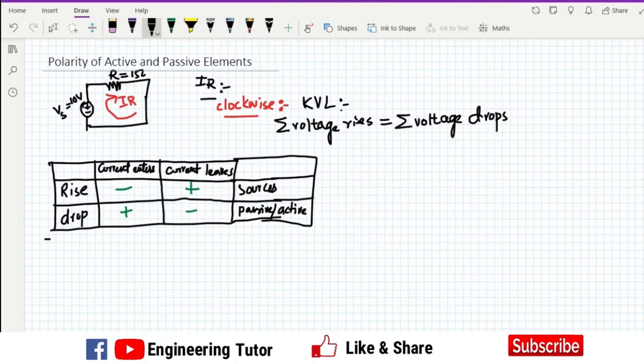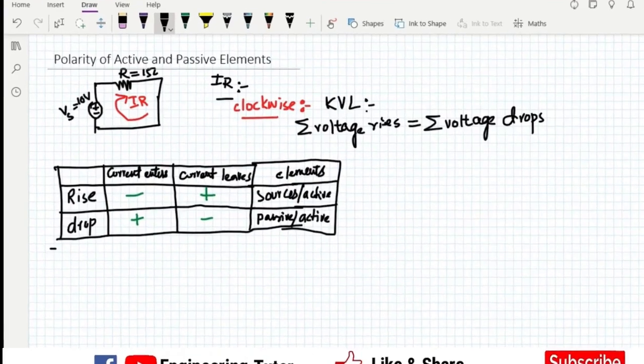So the voltage rise occurs always for the active elements, while the voltage drops across passive or sometimes across active elements.